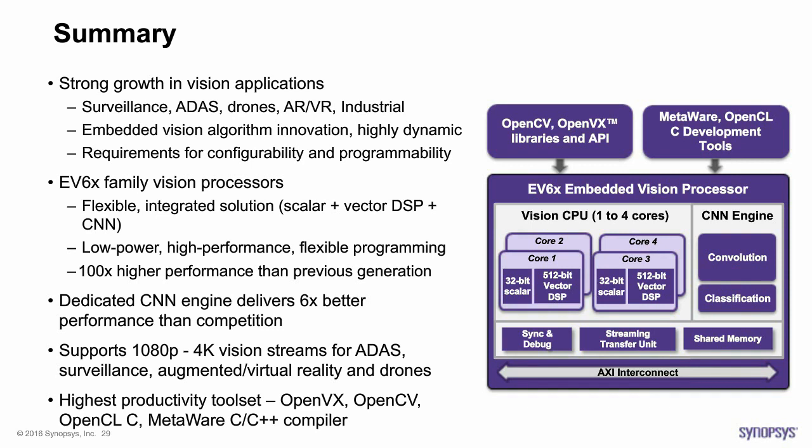Other customers need the CNN engine, so if you don't need it, you don't have to license it. That is essentially why we did it as a separate feature. Now, from an integration standpoint, the CNN engine integrates natively with the Vision CPUs, and they share all the rest of the resources in the processor, and it's one processor with or without the CNN engine.